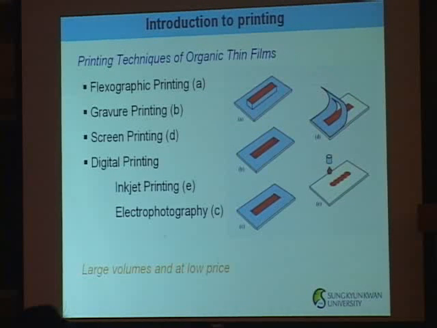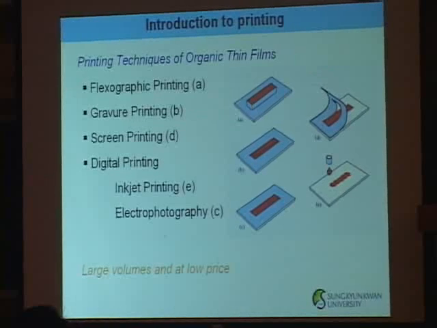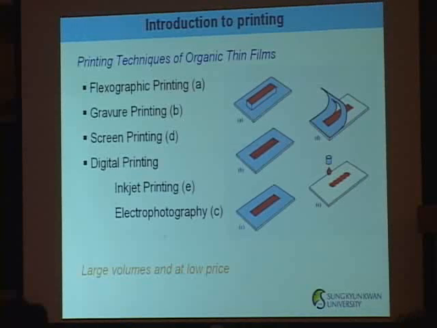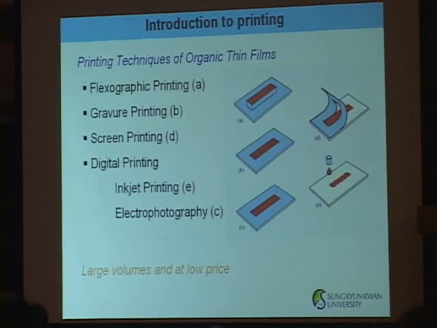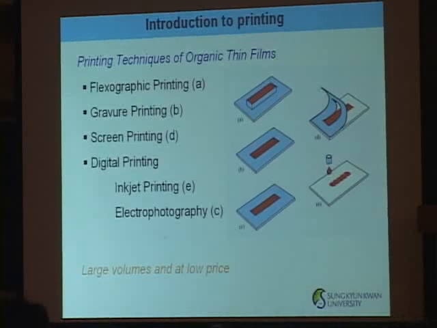This is called flexographic printing. Another type is gravure printing. There is a groove in a printing pad, and ink is filled in the groove, and the ink is transferred to the substrate by the adhesion force.